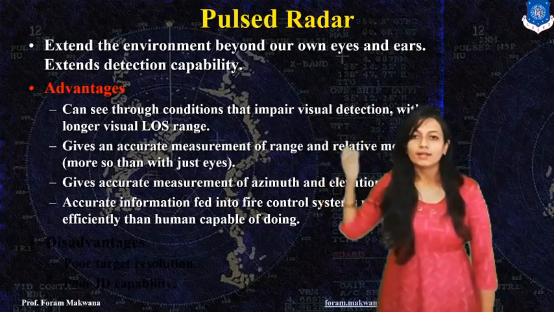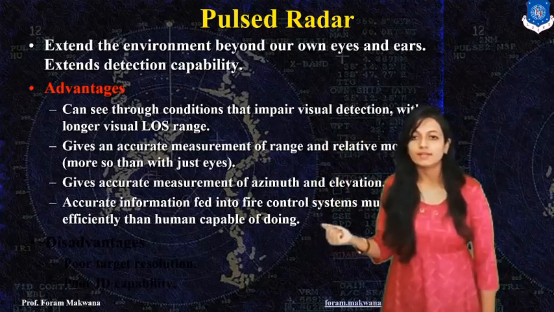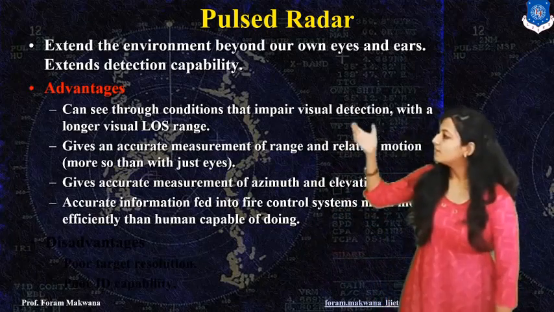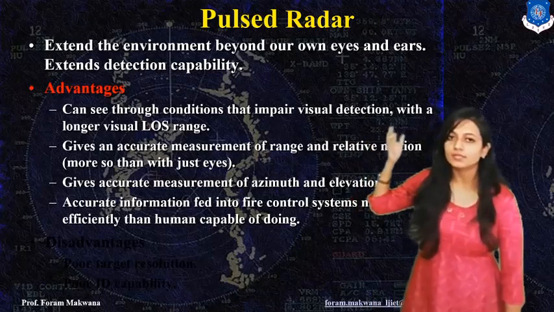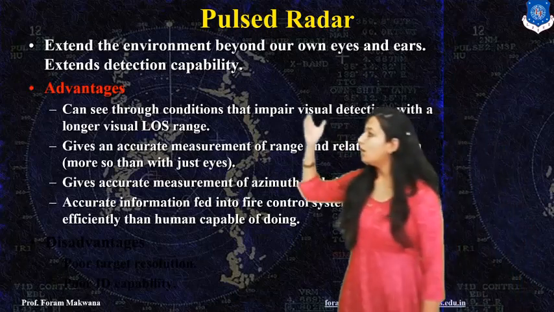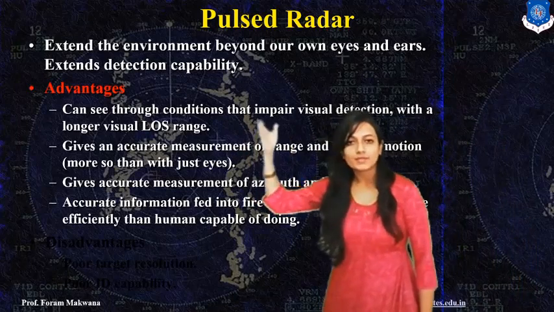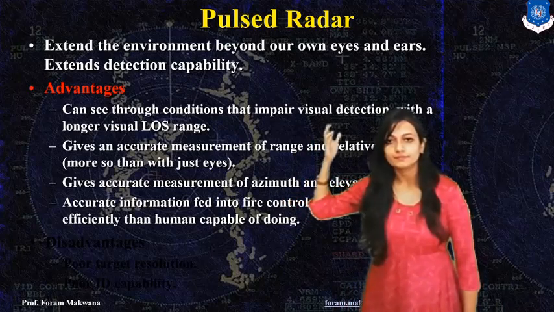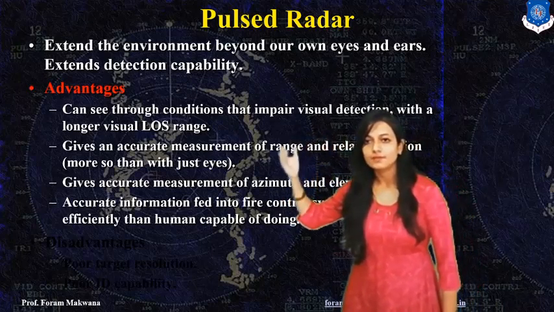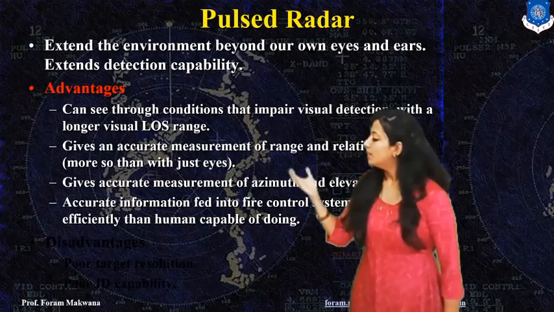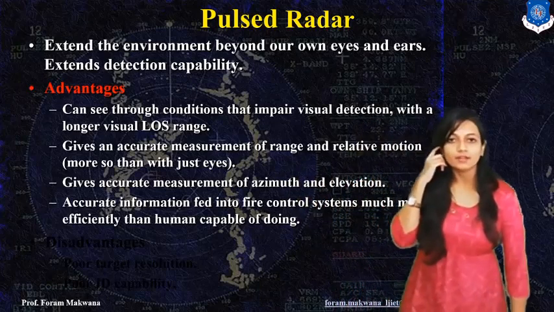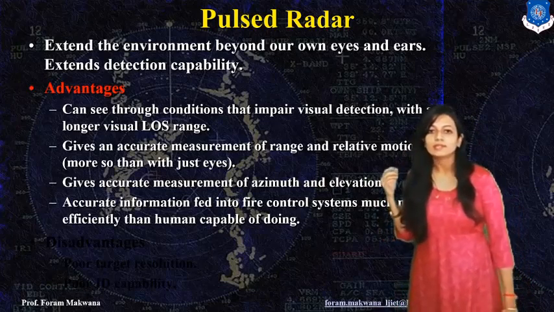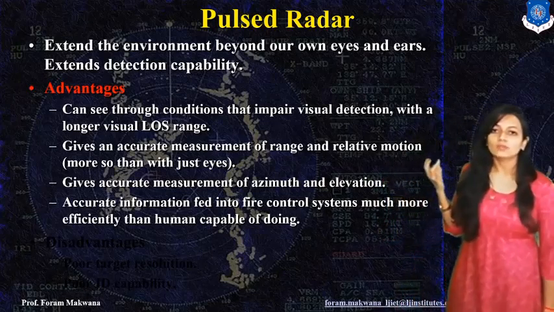So what are the advantages? The advantages are, we can see through conditions that impact visual detection, with a longer line of sight range. Second, it gives accurate measurement of range and relative motion, not just with eyes.